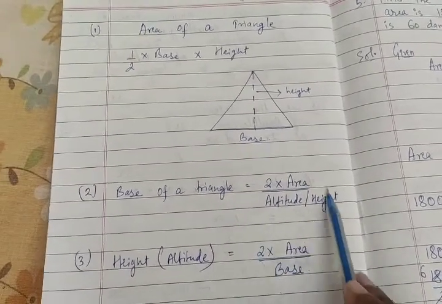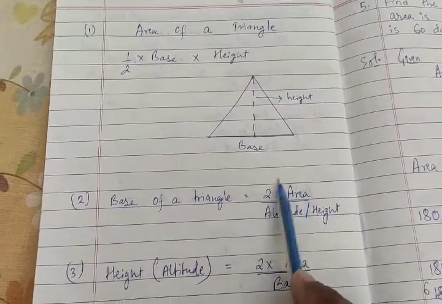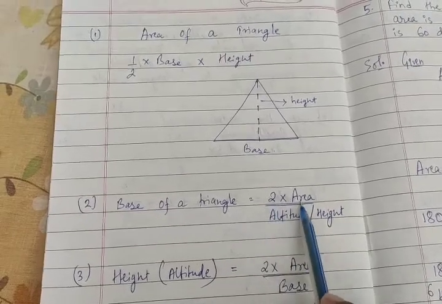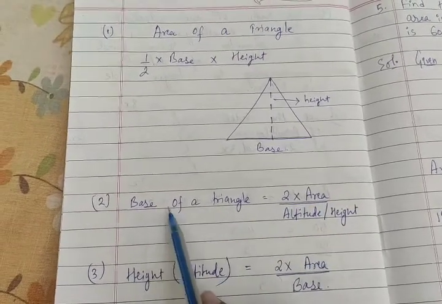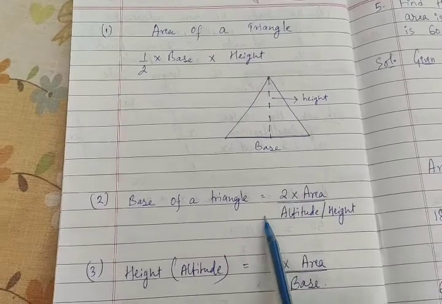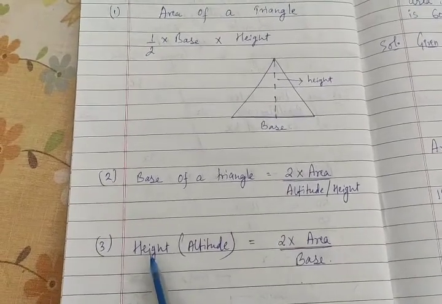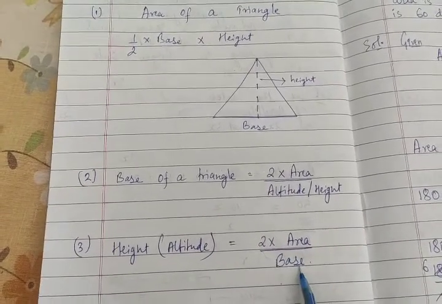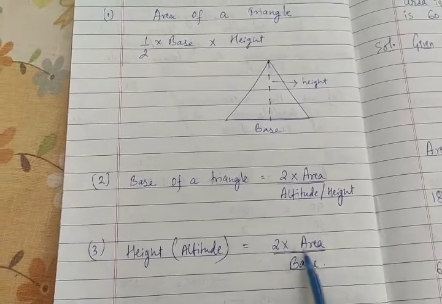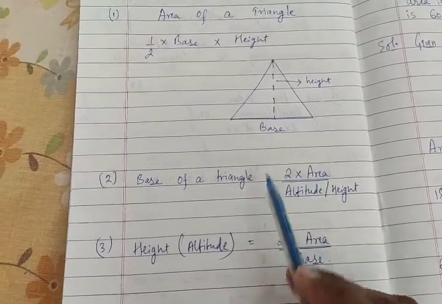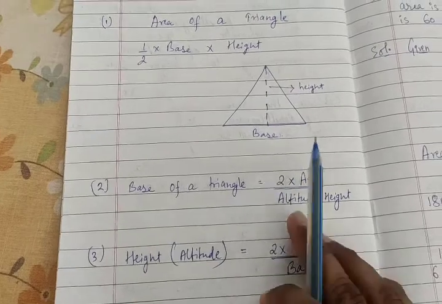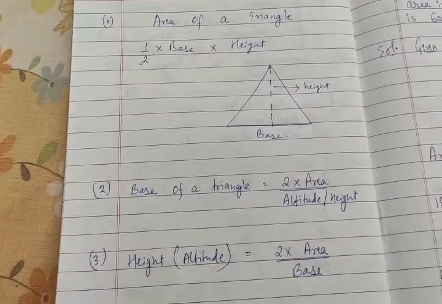So it is very easy to learn this formula. Remember that in the numerator always it will be 2 into area, and when you are finding base of a triangle, in denominator it comes height, and when we are finding height, in denominator it comes base, but numerator remains same in both the formulas. Clear, students? Now let us see some questions.